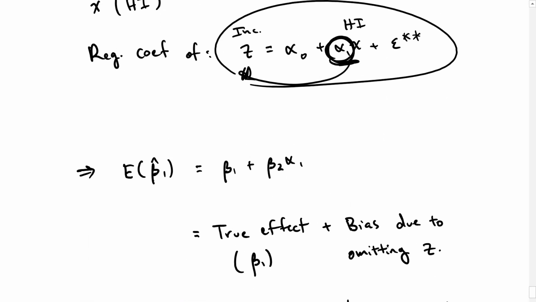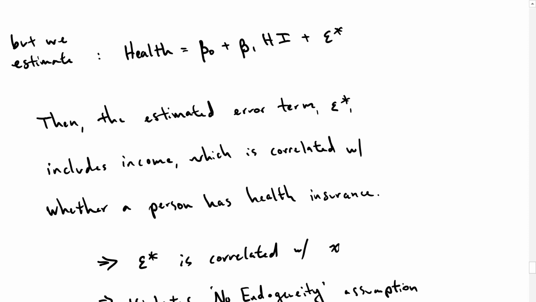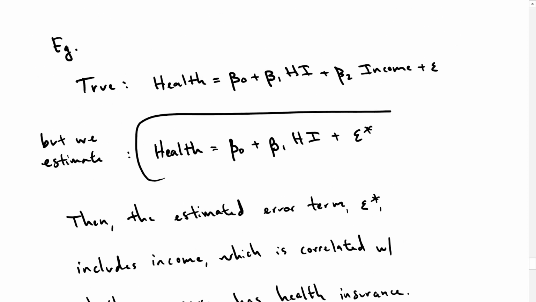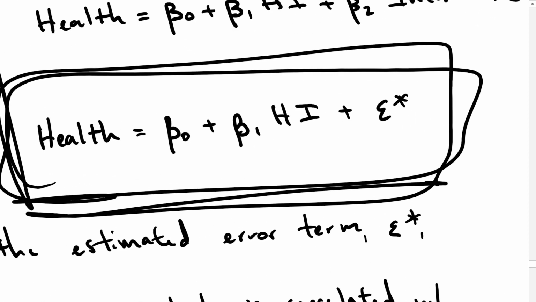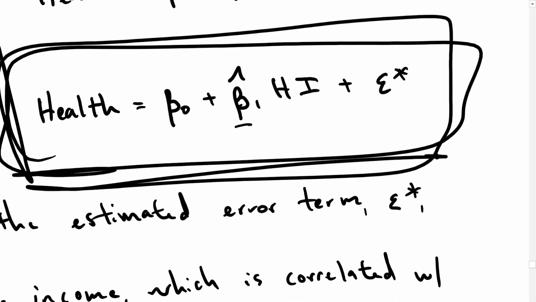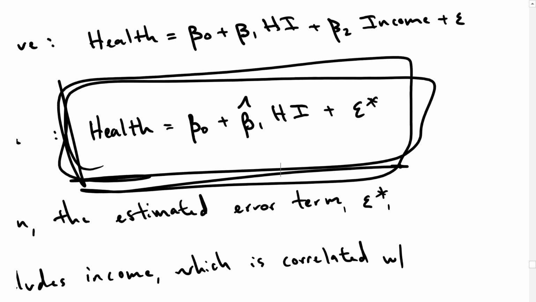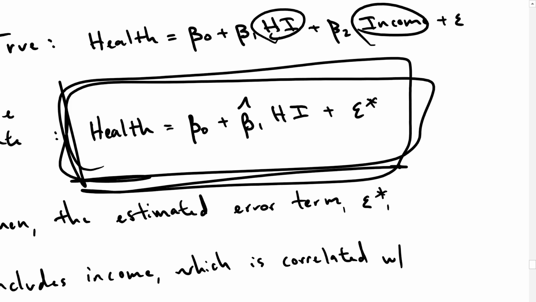So if we're looking at, let's go back to the original, this one. If we estimate this equation here and we omit z, we're gonna find an estimate for beta 1. We're gonna end up with a beta 1 hat. And if that effect is something like 0.5, it might be biased up to 0.7. Because if there's a positive correlation between the omitted variables, beta 1 hat is going to be overestimating the effect.